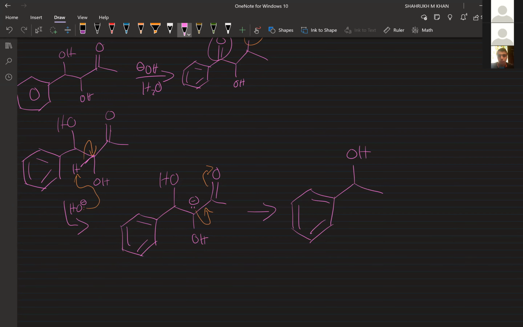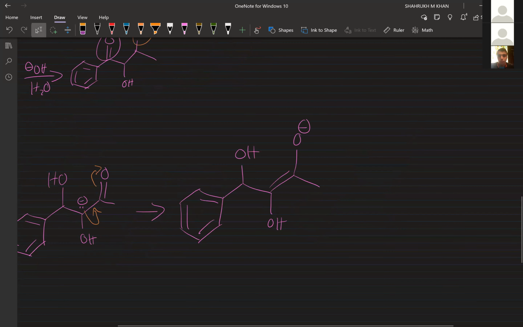So OH, now we have this kind of weird geminal diol. No, this shouldn't be OH yet. It should be O minus first. And then we just protonate. I was going to write H plus like I normally do.